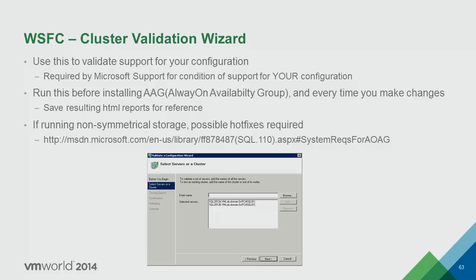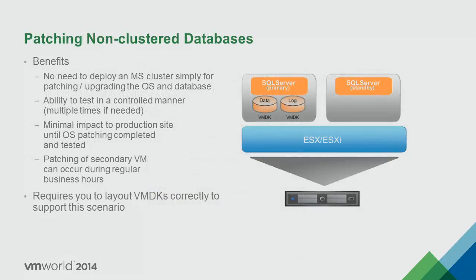Within SQL Server, make sure that you use the cluster validation wizard. And then patching non-cluster databases. You can actually patch a standalone SQL Server without clustering with this method that we developed, whereas we basically create a standby clone of the SQL Server, and then we move the data and logs over after we've done the upgrade.